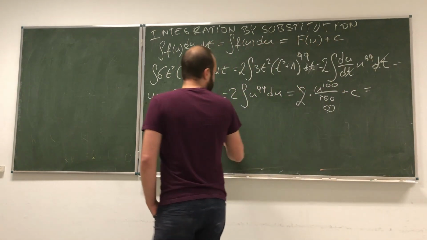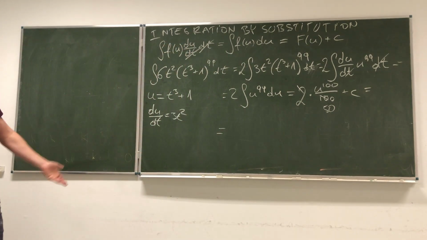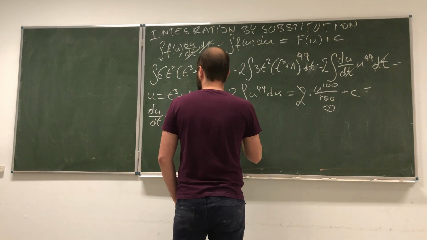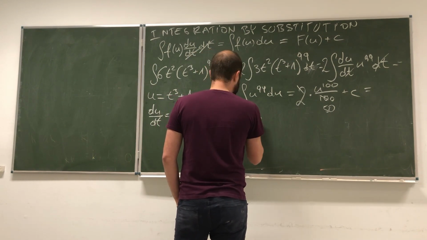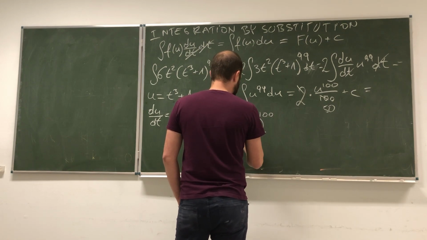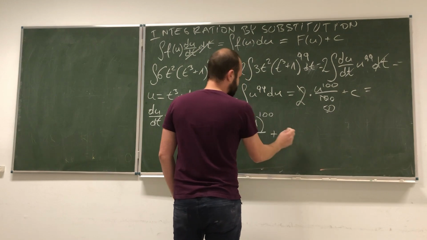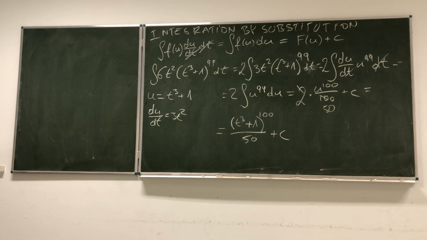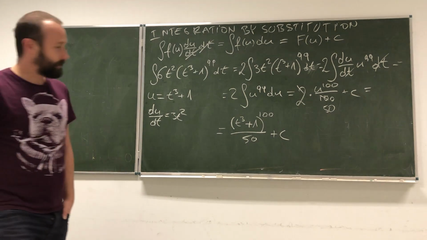Okay, now in the last step we of course need to substitute back for u and we get the final result that this integral is equal to t cubed plus 1 to the power 100 over 50 plus c. And this is how we use integration by substitution.